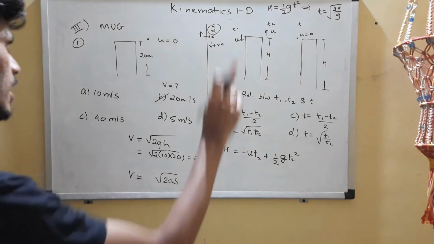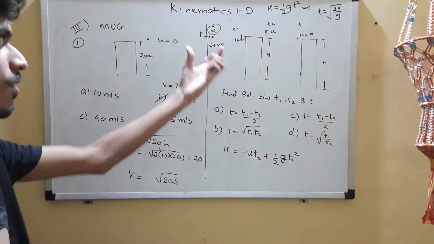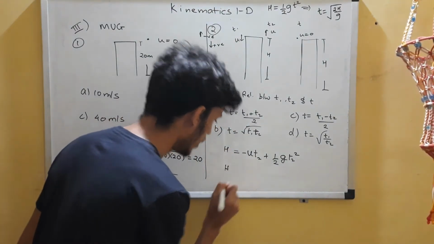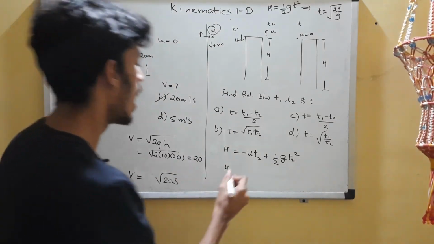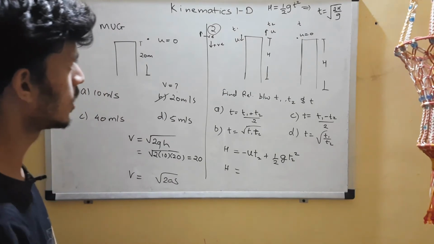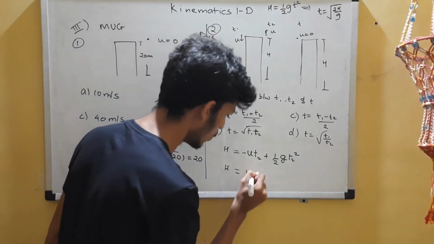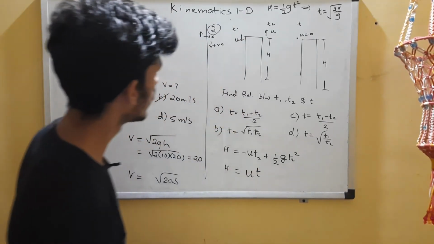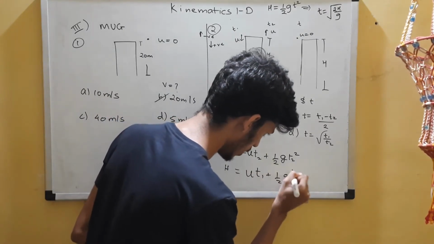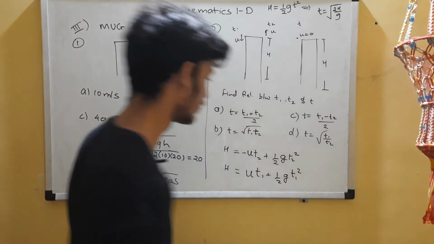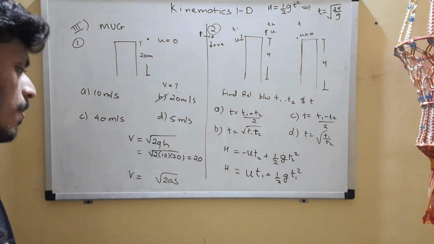Now let's write h is equal to ut plus half at square for this one. Again displacement is measured from here to here, so in the downward direction positive, and the velocity is also in the downward direction, so u positive into time t1, plus half g positive t1 square.